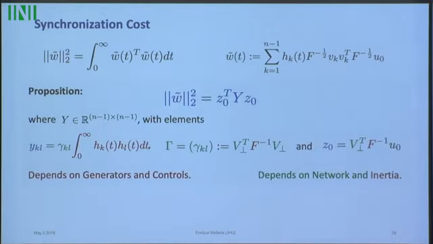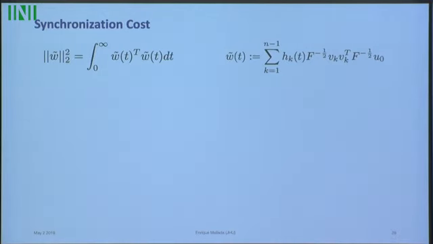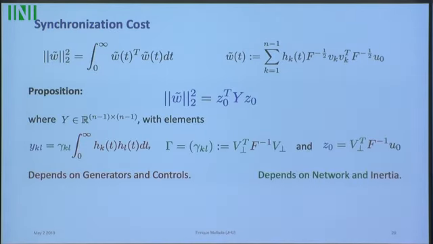We have a similar story for the synchronization cost. I would say it's a little bit uglier, and the whole point I want to make is that we can compute this. It depends on this matrix Y, which depends on two terms.